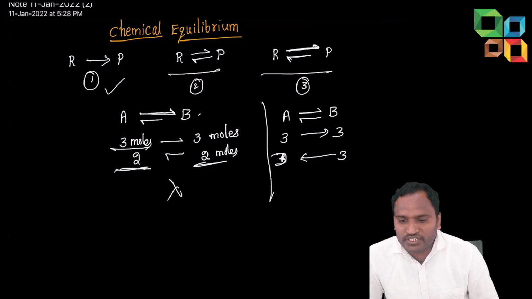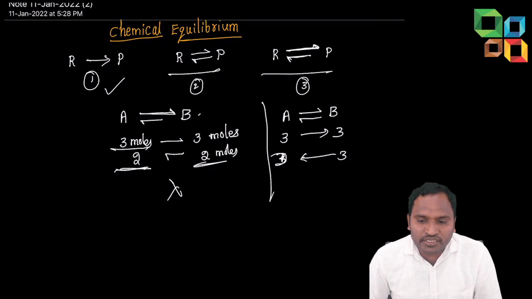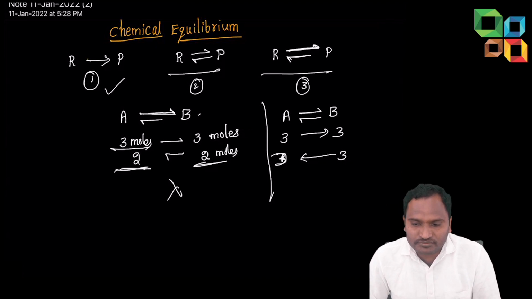Understood, students? What is the difference between irreversible reactions and reversible reactions? And I also explained the difference between reversible reactions and a reaction which is in equilibrium. Okay, so now tell me, what is equilibrium?